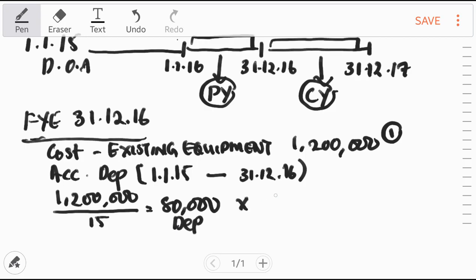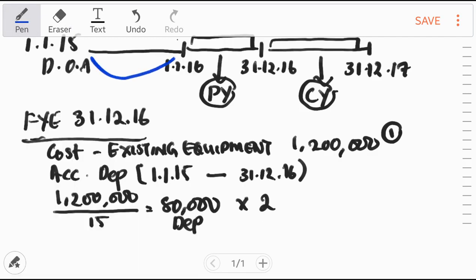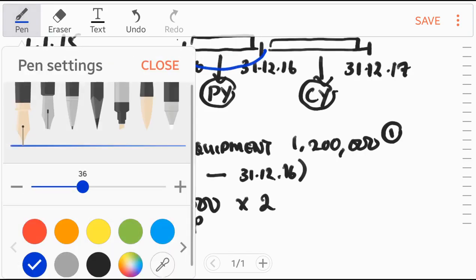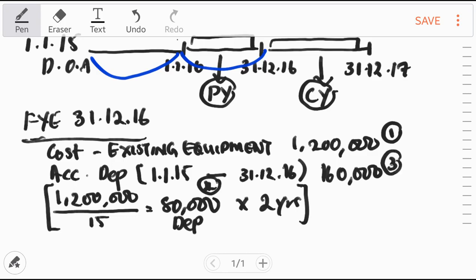But you multiply by 2 years. Why 2 years? Because it's from here, first year and second year. So you multiply by 2 years and you get 160,000. I will label this as number 2 and this is number 3.